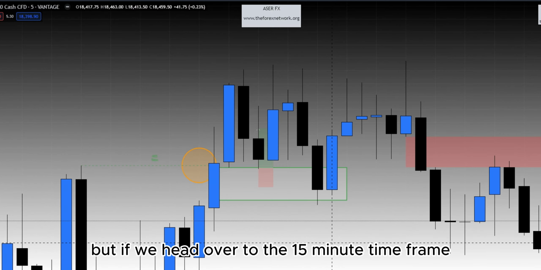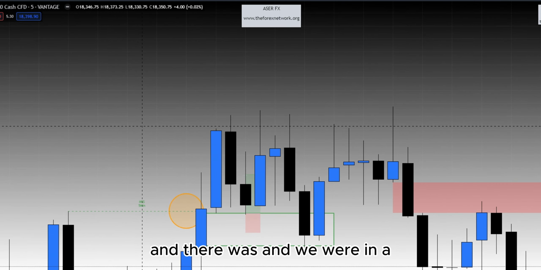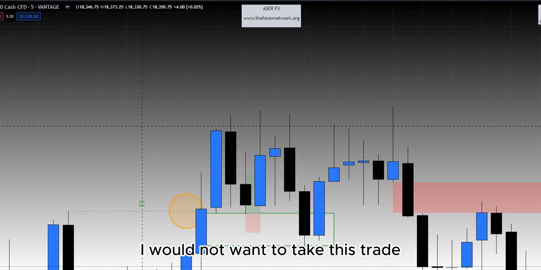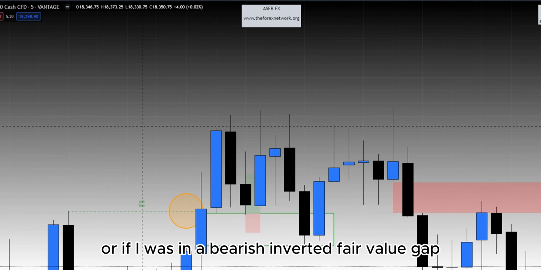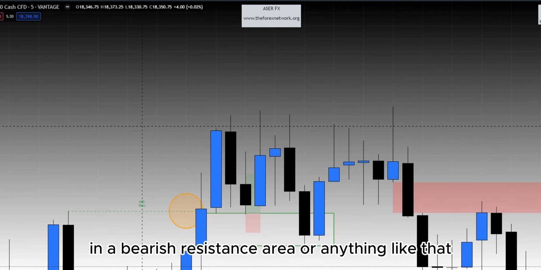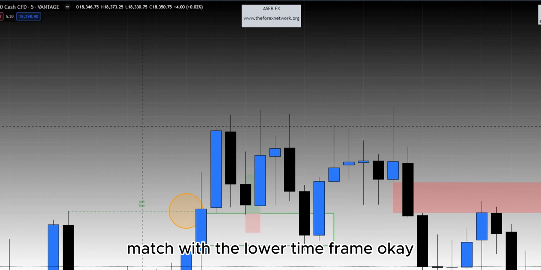But if we head over to the 15-minute time frame and we were in, let's say, a bearish order block, I would not want to take this trade. Or if I was in a bearish inverted fair value gap or in a bearish resistance area, or anything like that. That is what people mean when they say the higher time frame must match with the lower time frame.